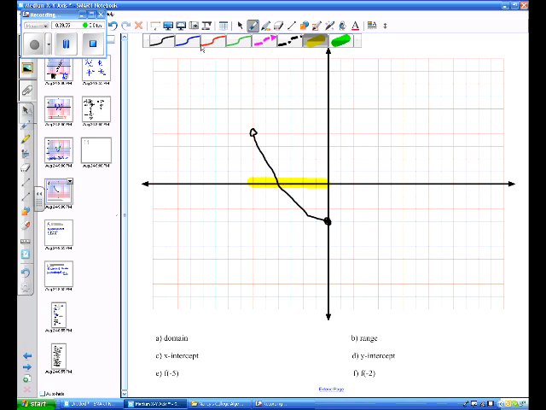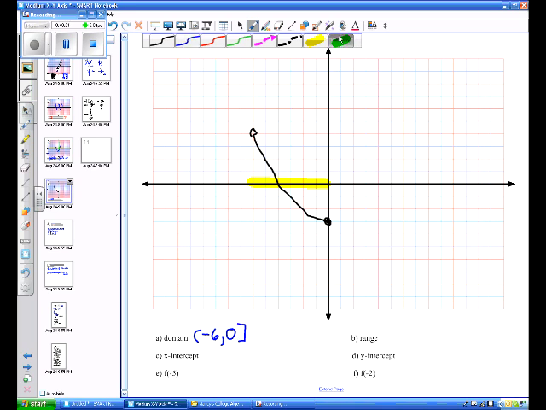Those are the values for our domain. So our domain turns out to be at negative 6, and it doesn't include it, so we do the parenthesis, and then it stops at 0, and it does include 0.